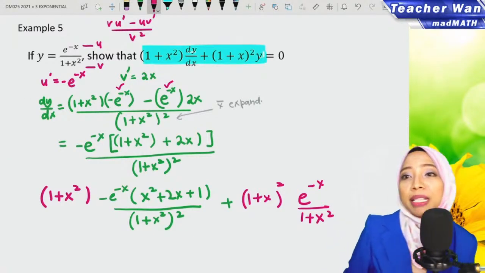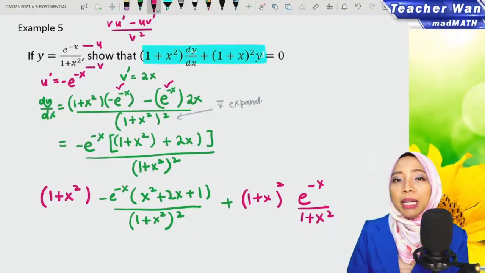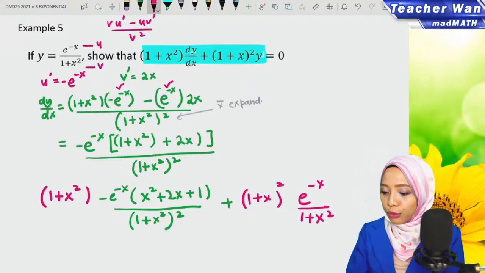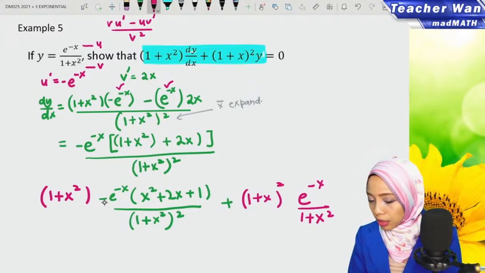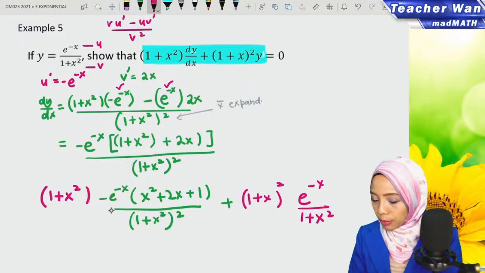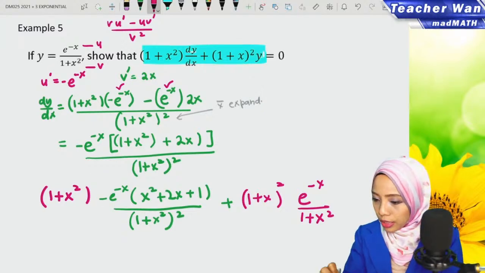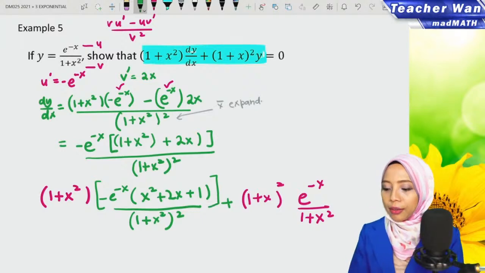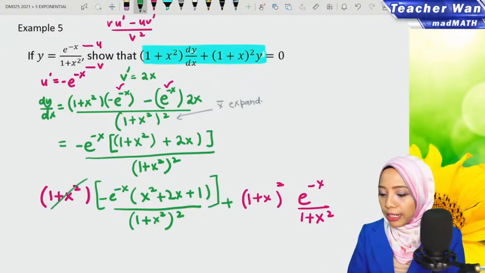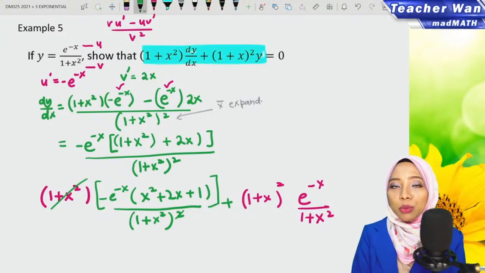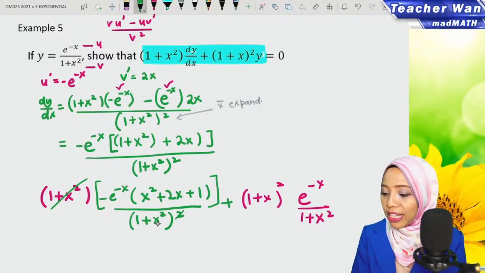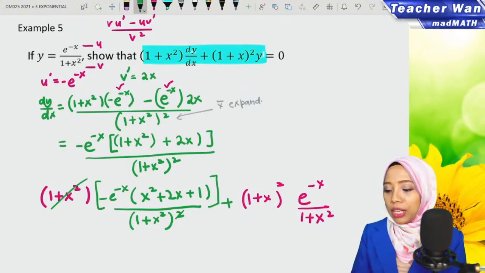It looks scary, right? But it's nothing actually. So this is multiplied by the big bracket here. Now you notice that it's the same top and bottom, so you cancel out. The remaining left is 1 plus x squared only.